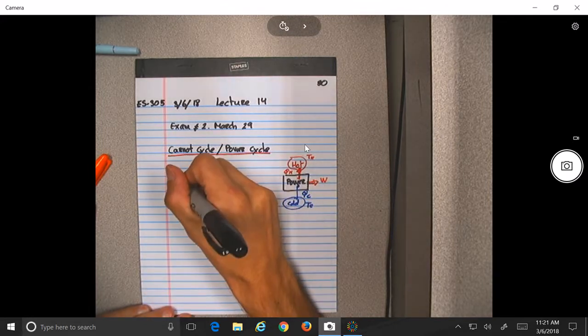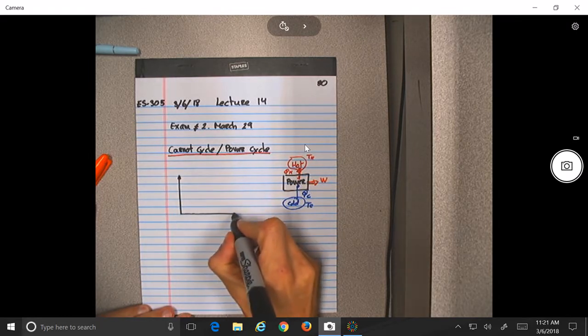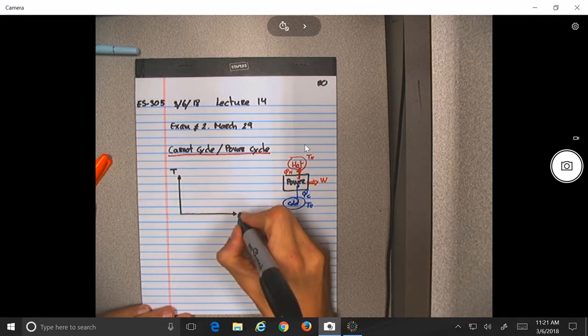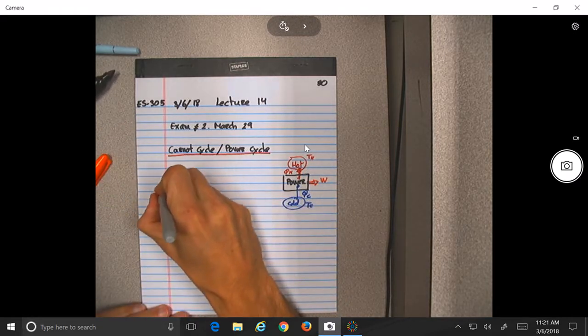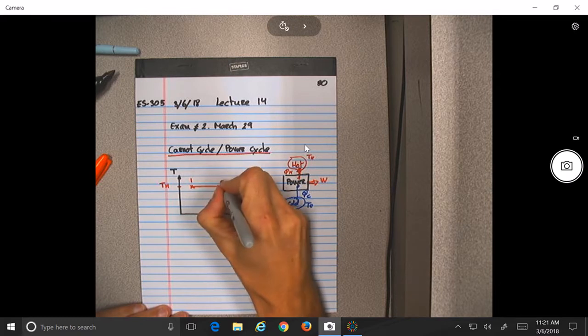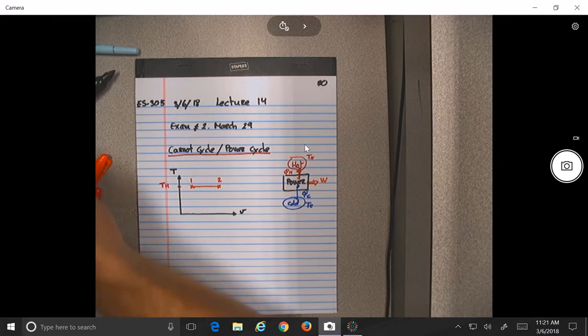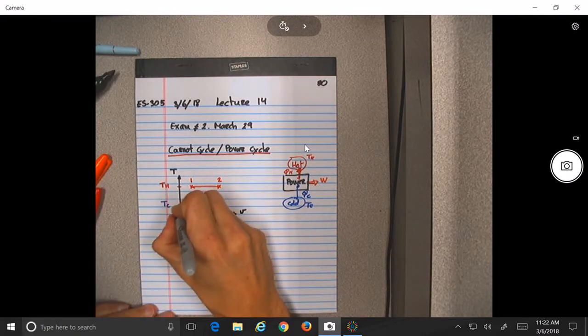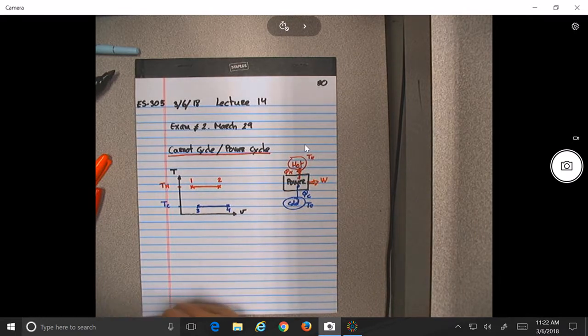All right, if we needed to plot this on a TV diagram, how will that look? So basically, we should have a hot temperature for the hot reservoir, and we should have a cold for the cold reservoir.